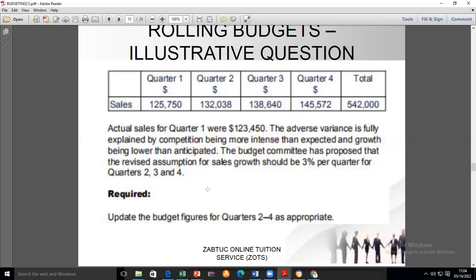Because if you are still using quarter one, it is deficient based on the new facts: there is increased competition and the forecast was above actual. Okay, so we've got one view there. By the end of the lecture, I'll tell you the answer.